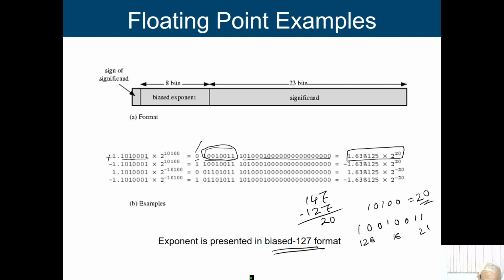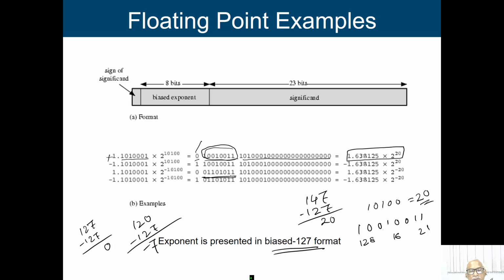Now if we stored 127, then if I subtract 127, I get 0, that means it will be 2 to the power 0. If I stored 120 here, then 120 minus 127 gives minus 7. That means this exponent part will be minus 7, and like that it can be minus 20. Since it is minus 20, this representation is slightly different.